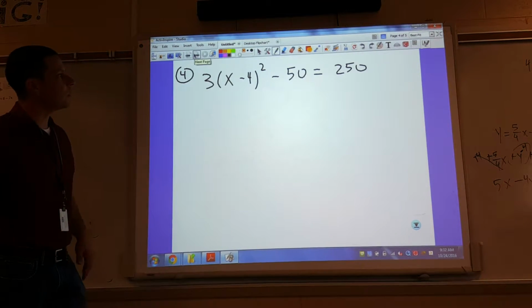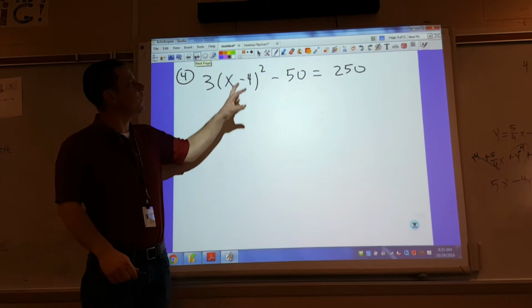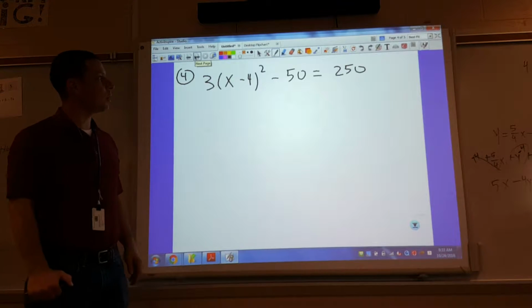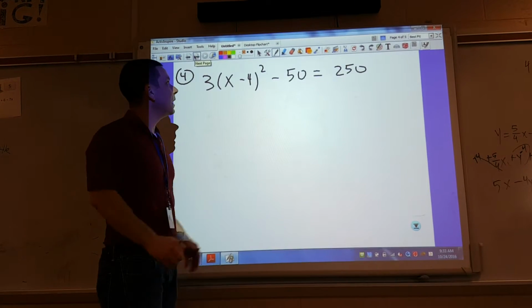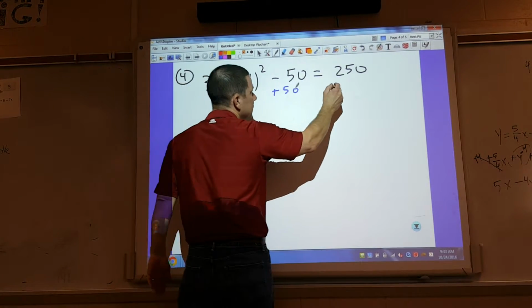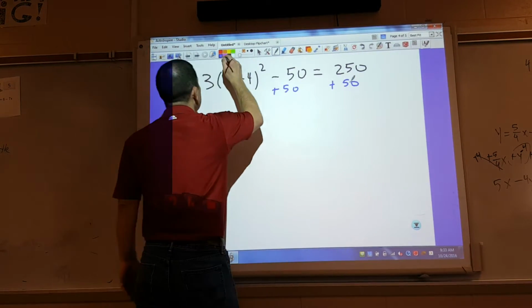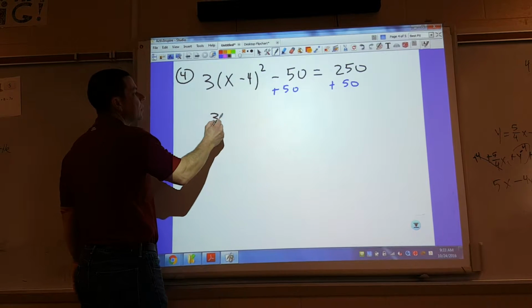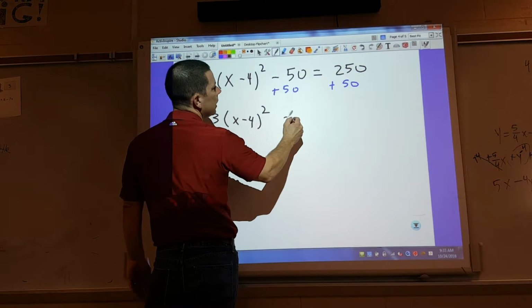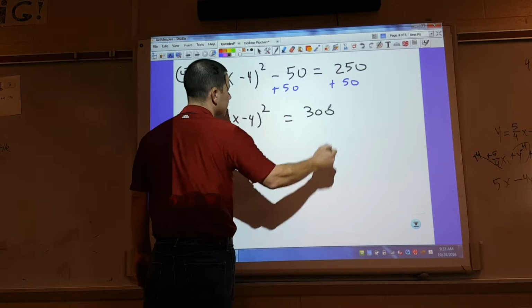All right, number 4. Looks like we've got some other stuff over here with our square term that we need to undo first. The first thing we're going to do is get rid of that negative 50, so we will add 50 to each side, and that gives us 3 times x minus 4 squared equals 300.